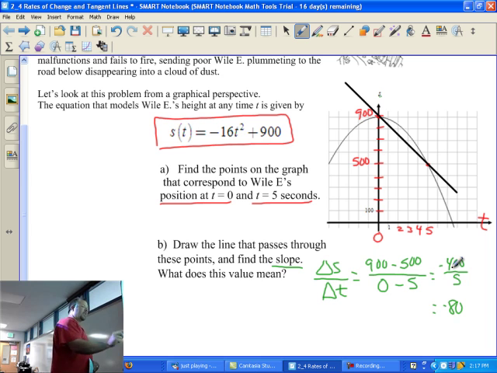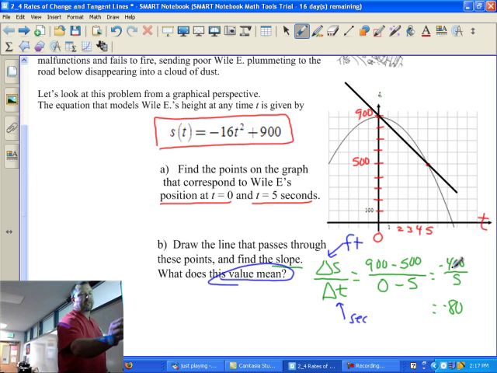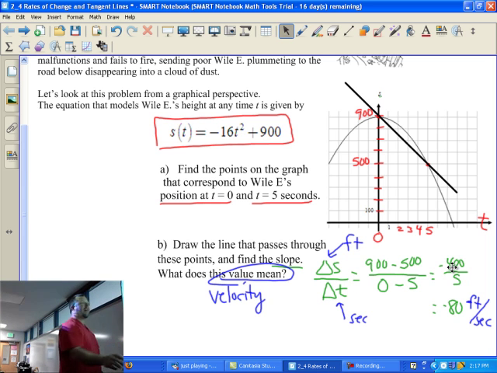Now, the question is, what does it mean? Negative 80 what? Well, change in position is in feet. We have gone down 400 feet. The change in time is in seconds. So this is simply 80 feet per second, which means that it is the velocity of Wile E. Coyote in those 5 seconds.